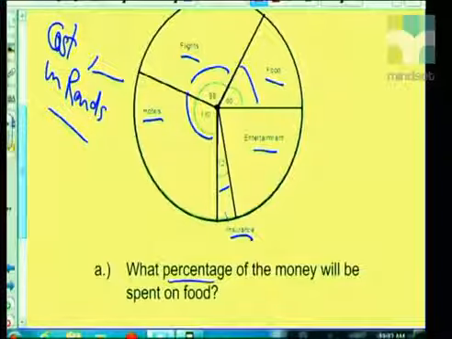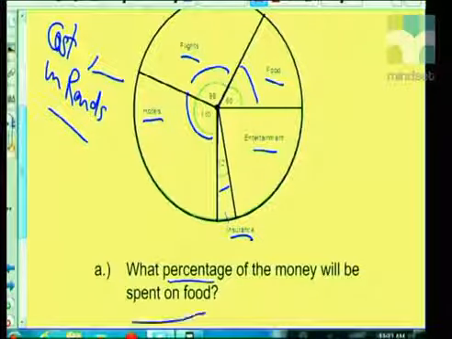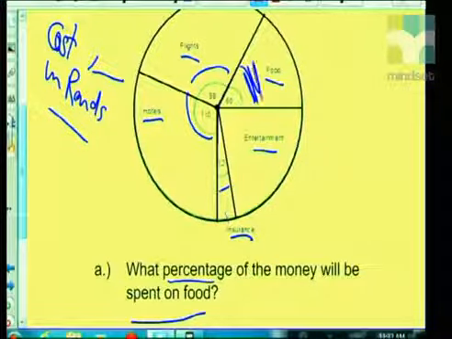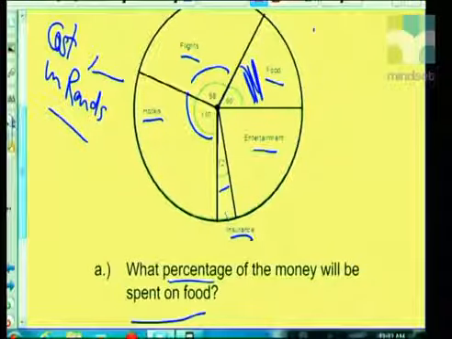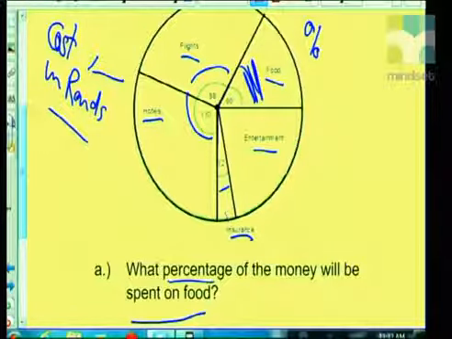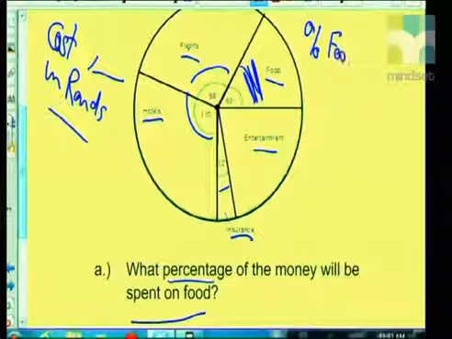Let's go and have a look at the questions now. And the first question is, what percentage of the money will be spent on food? So food is in this bracket here, and we've got to work out the percentage of the whole lot that's spent on food. How are we going to do that? Now, here is what you've got to remember. The pie chart shows us a full circle.